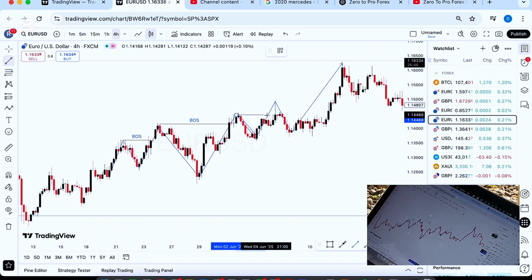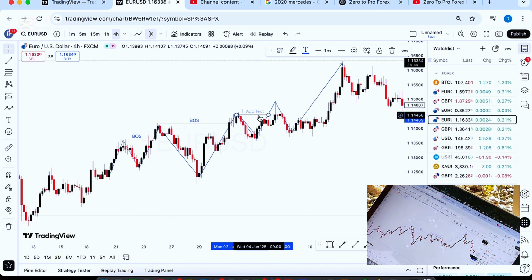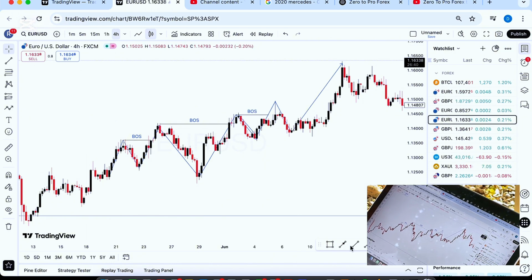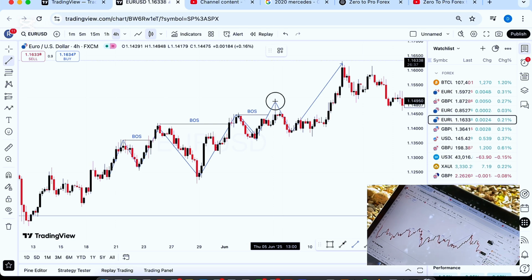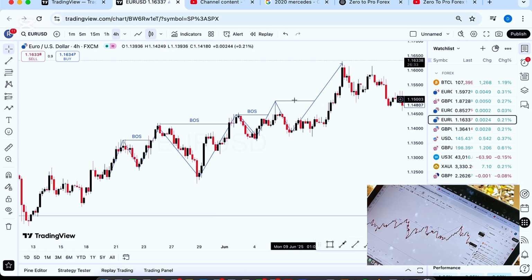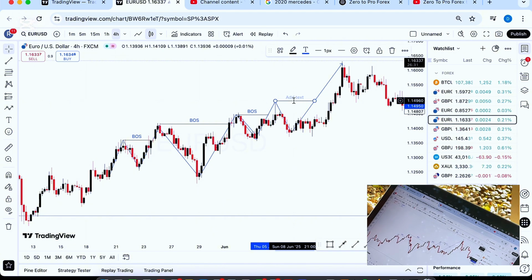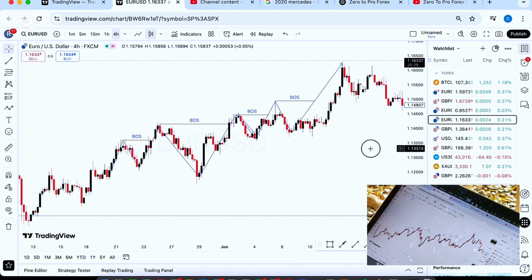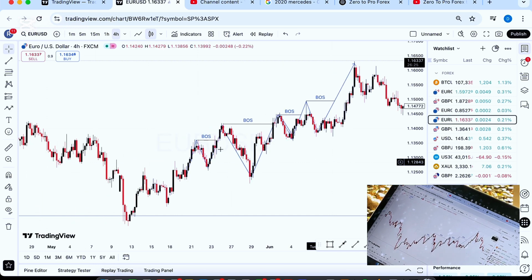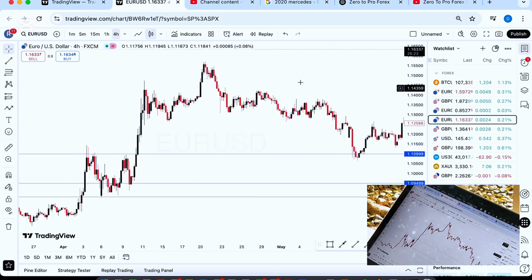So you see BOS. So we have price push from here as well to this point, and we have BOS. Can you see that? Beautiful, right? So now let's go ahead and look for BOS in a downtrend.